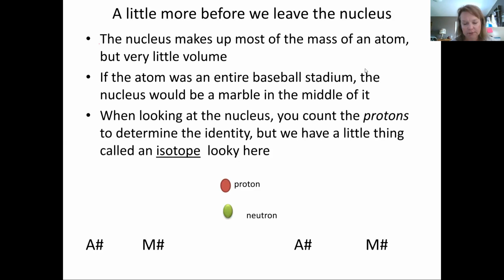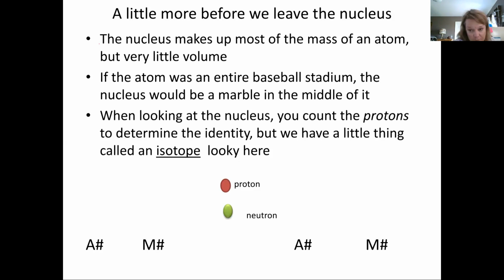This is a model. It weighs 100 grams. And then I take the baseball stadium off of the scale, I put it back, and I pick up the nucleus. I leave the stadium there. I just pick up that golf ball that's in the middle, and I put that on the scale. Remember, the whole stadium weighed 100 grams.